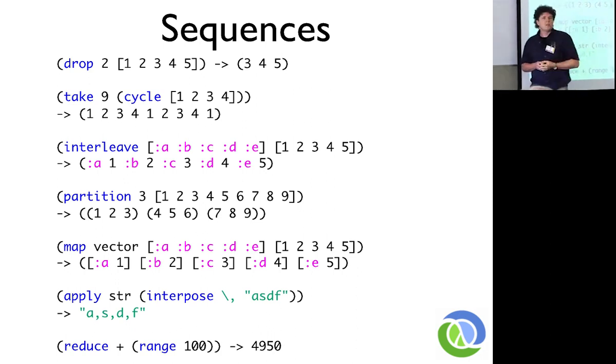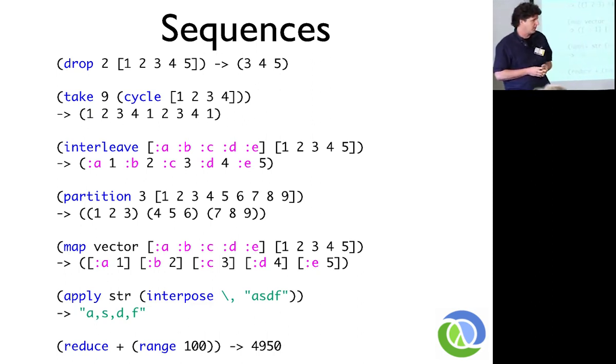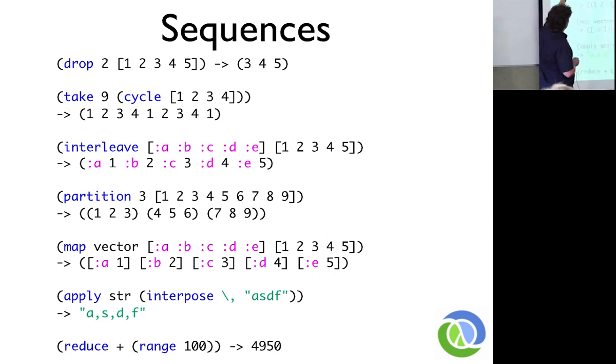So it's very nice. Another aspect of raising that abstraction off of a concrete data structure means that we can implement sequences lazily. That cycle function returns an infinite sequence of numbers. Okay, take only uses the first 9, but it returns an indefinite amount. All of these functions and the vast majority of Clojure's sequence functions are lazy. That is to say, they do not produce a complete result.